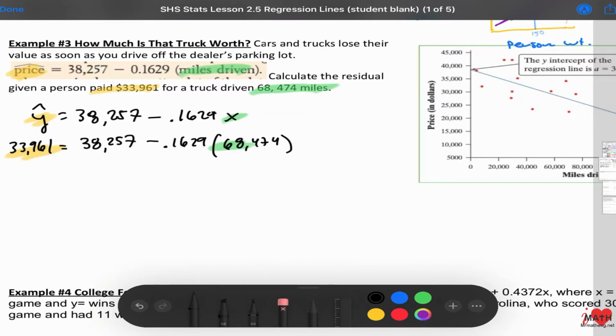Okay, if you multiply negative 0.1629 times 68,000 and then add that to 38,000, you... you know what? I made a mistake. This one shouldn't be there.